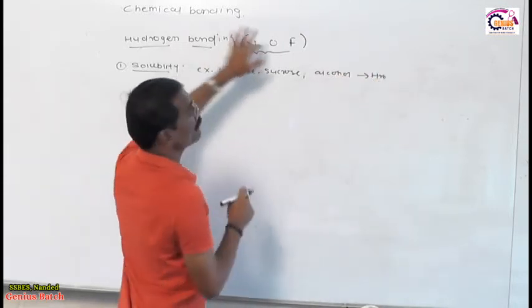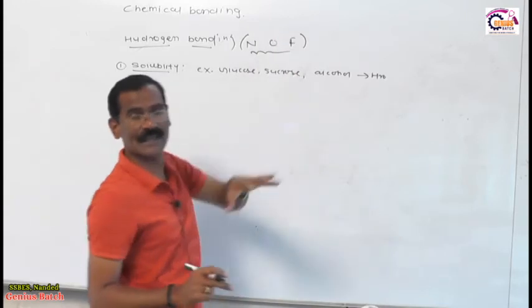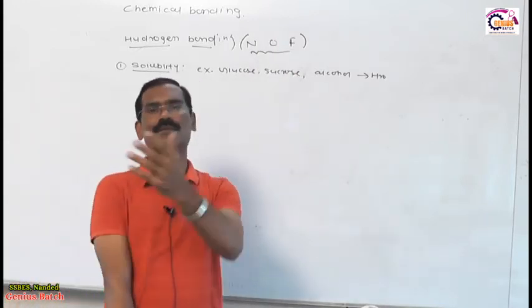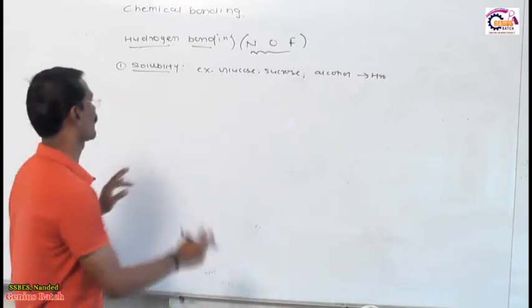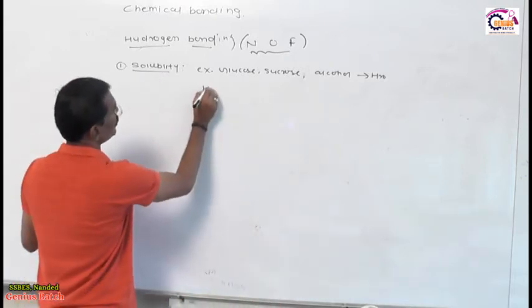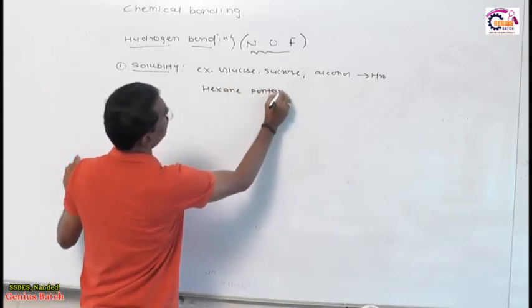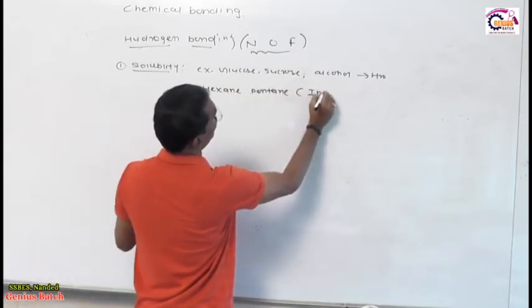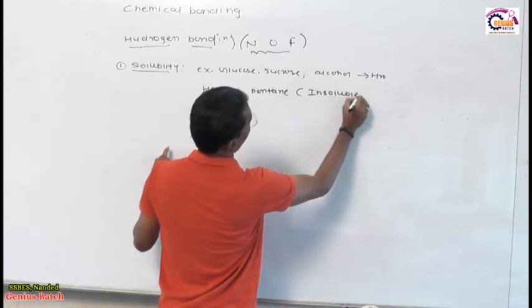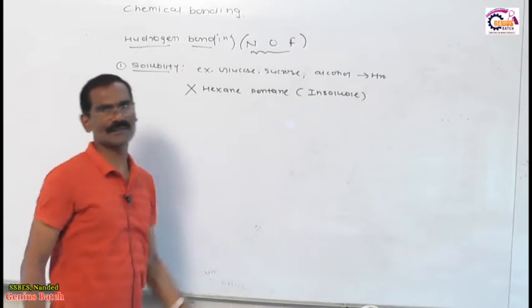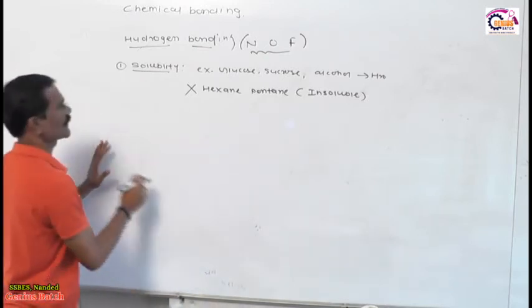Because they form hydrogen bonds with water molecules. It means that those organic compounds which are capable of forming hydrogen bonds with water molecules are soluble in water. For example hexane and pentane are insoluble. Why? Because these molecules don't have a tendency to form hydrogen bonds with water molecules. Therefore this is very important.